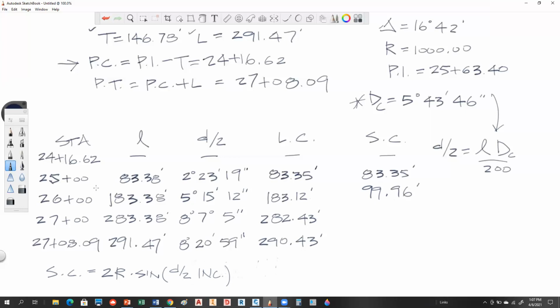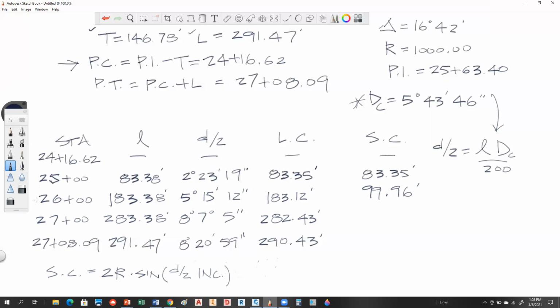It should be close to 100, right? Because 25 to 26 is 100 feet, and this is saying it's 99.96. Well, the chord always has to be less than the arc, right? Is that correct? Yep. Okay, so the distance from 25 to 26 along the chord is 99.96.